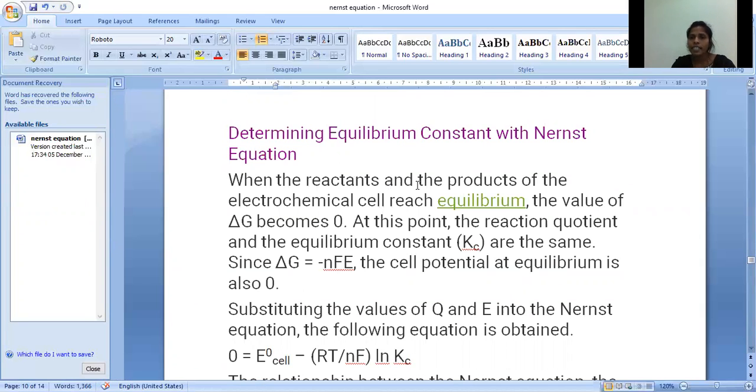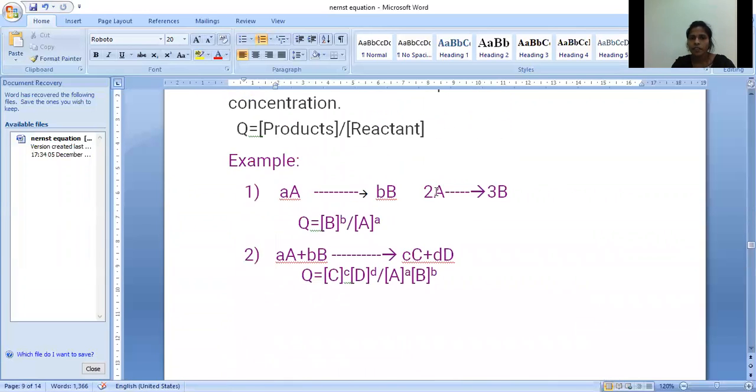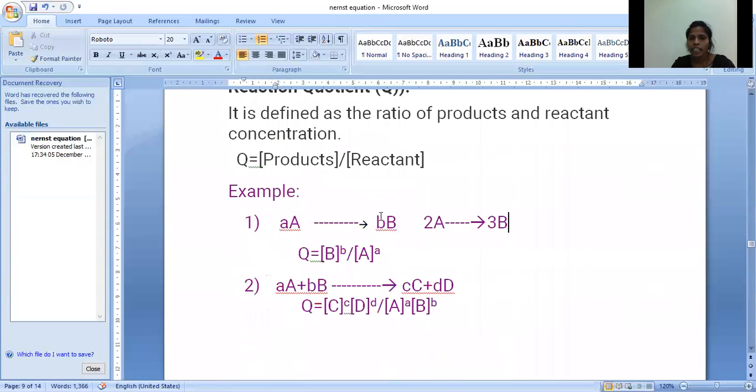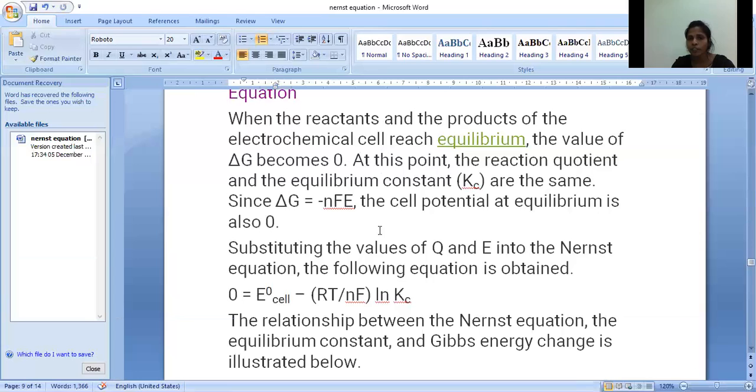When the reactants and the products of the electrochemical cell reach equilibrium, that means the forward reaction and the backward reaction are at the same speed, that is the equilibrium. So when the reactants and products are reaching the equilibrium condition, the value of delta G becomes 0.